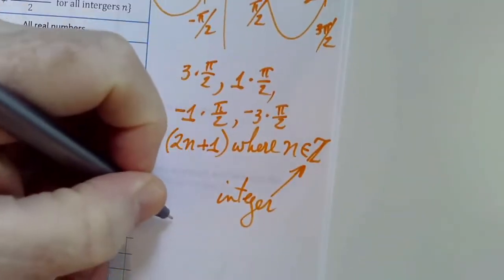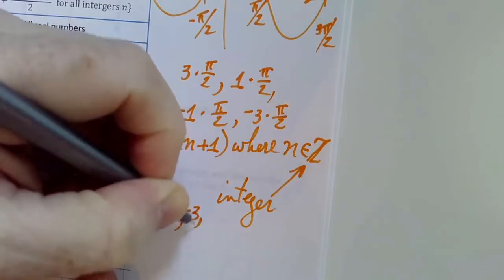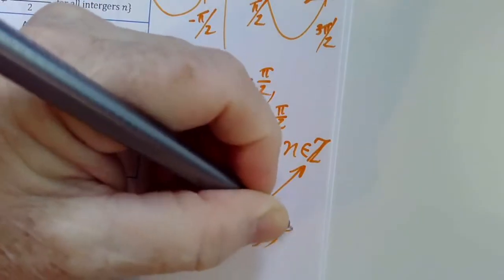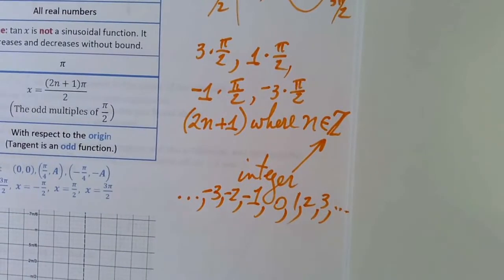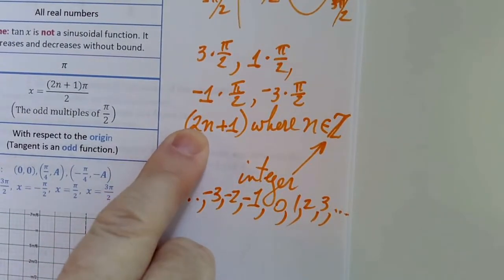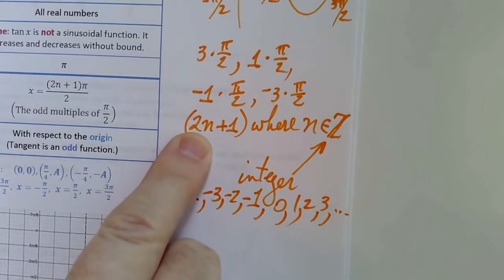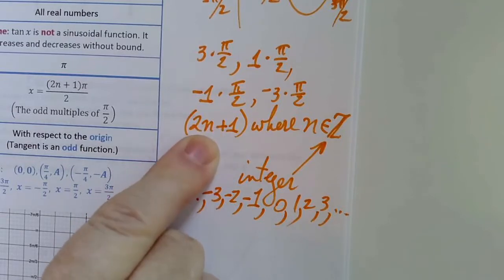And remember that integers are like negative 3, negative 2, negative 1, 0, 1, 2, 3, etc. So anytime we have, let's see, if n is 0, we have 2 times 0 plus 1, that's 1. If n is 1, we'll have 2 times 1 plus 1 is 3. If n is 2, we'll have 2 times 2 plus 1, that's 5.